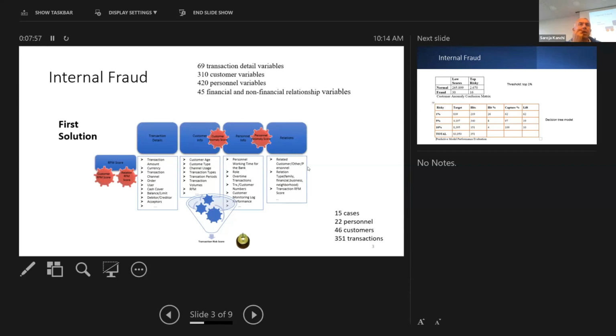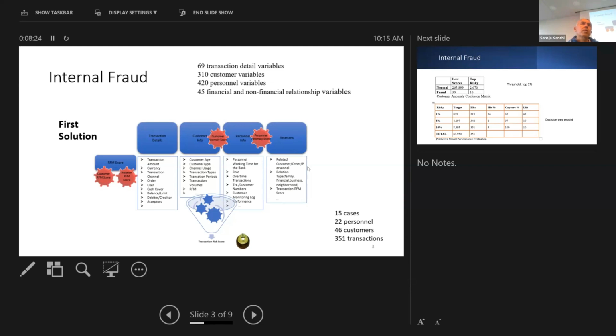So we brainstormed and we discussed how we can solve this problem. And then, since only 351 transactions were not sufficient for a good predictive model, we decided to use other techniques as well, like unsupervised learning.